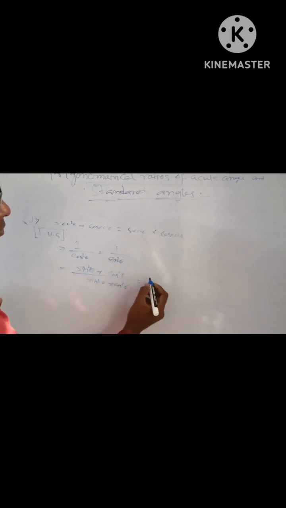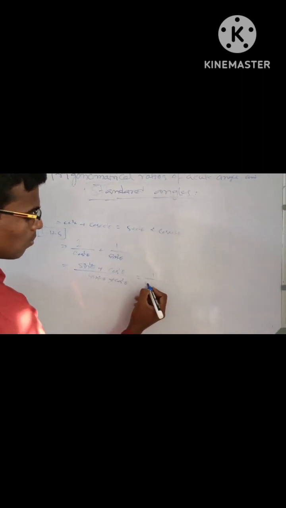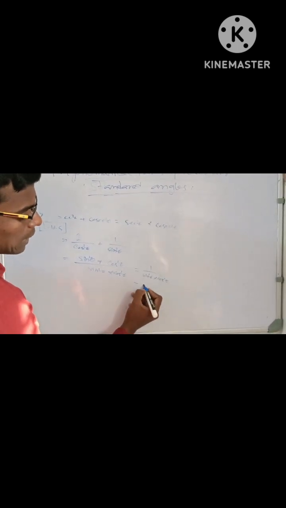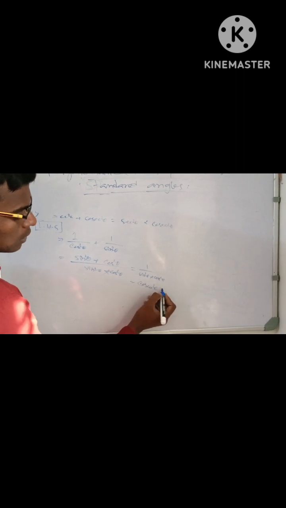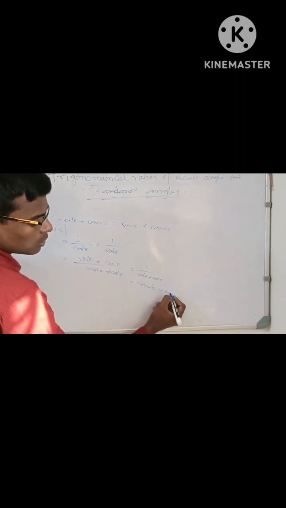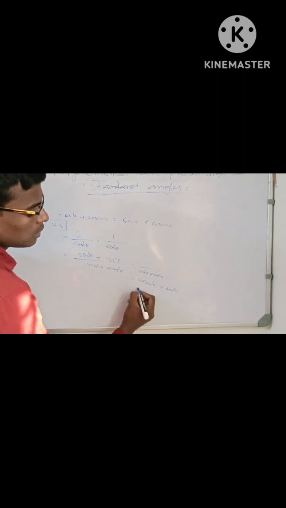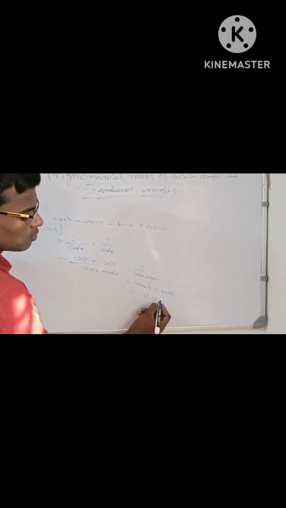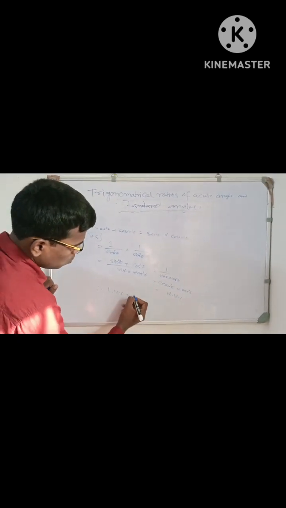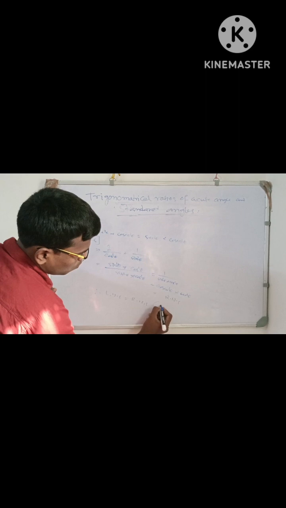We know sin square theta plus cos square theta is 1, so we get 1 by sin square theta into cos square theta. 1 by sin square theta is cosec square theta, and 1 by cos square theta is sec square theta. That is the right hand side. Hence LHS equals RHS, proved.